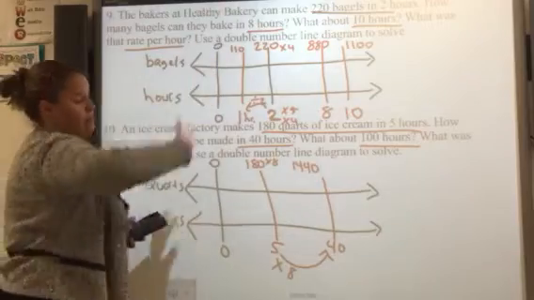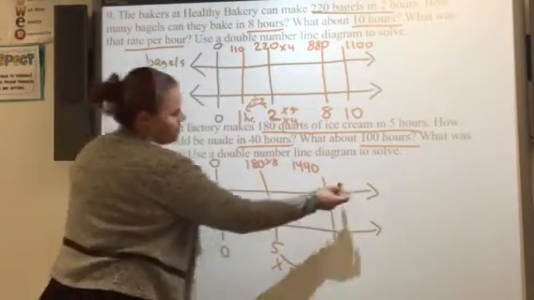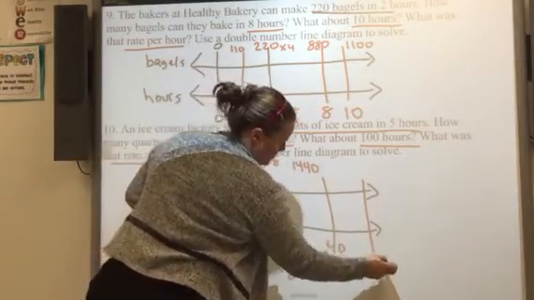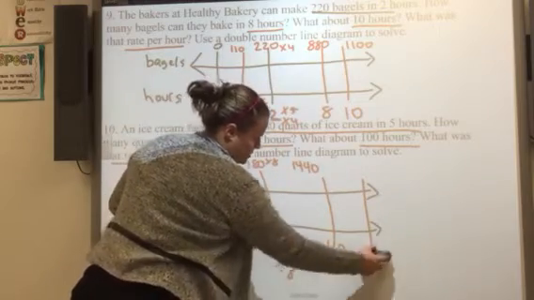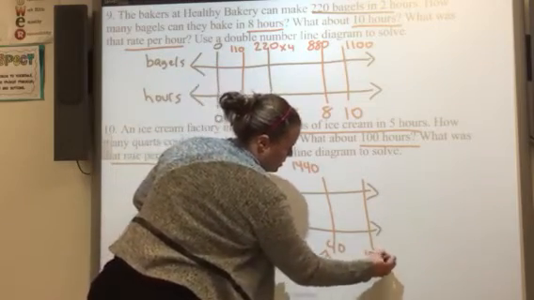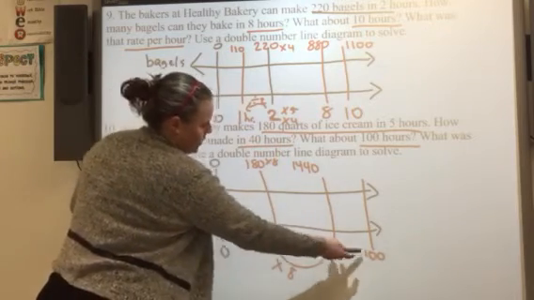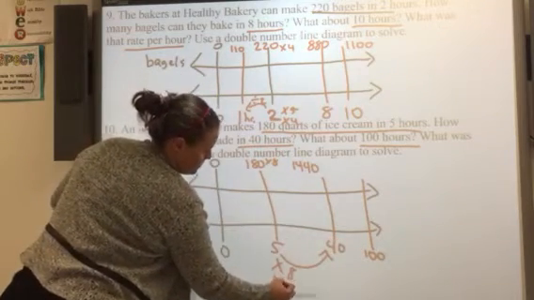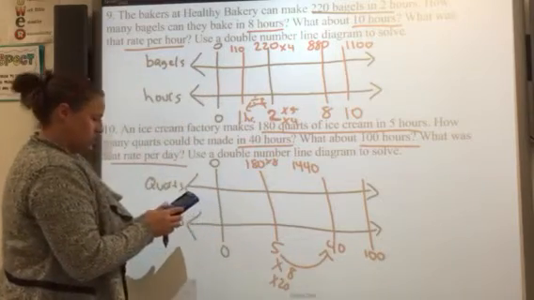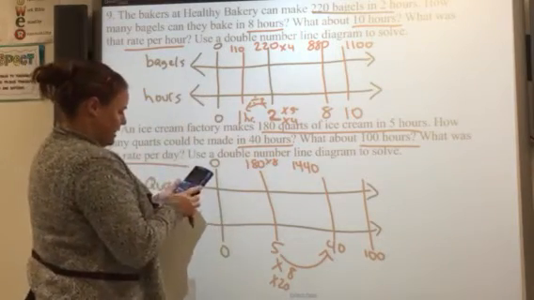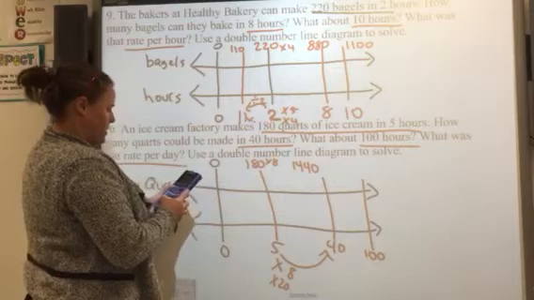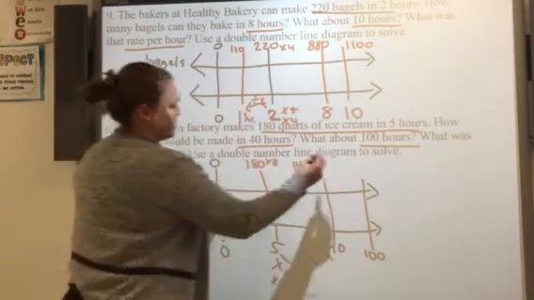So I'm going to go 5 times 20 to get to 100 hours. And so I'm going to do 180 times 20. And that's 3,600.